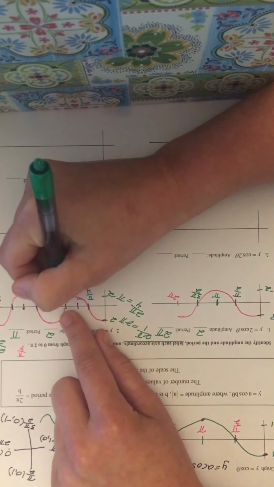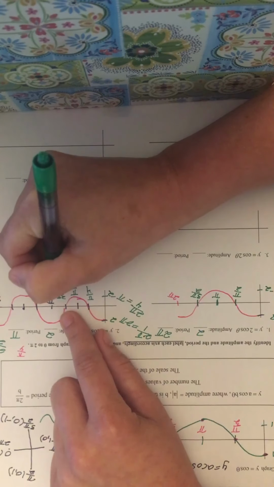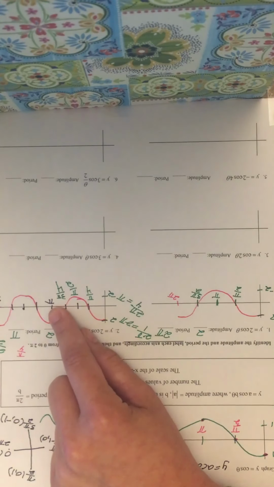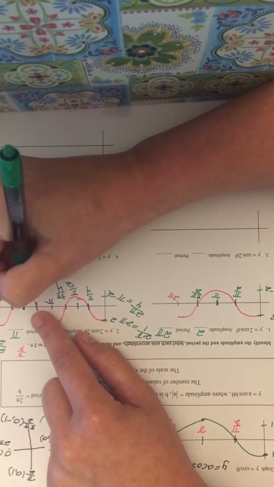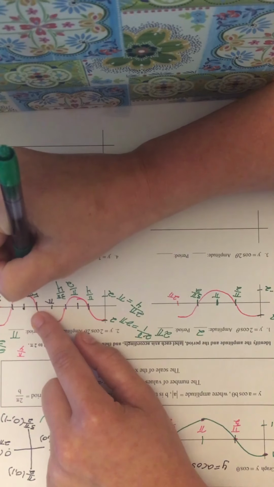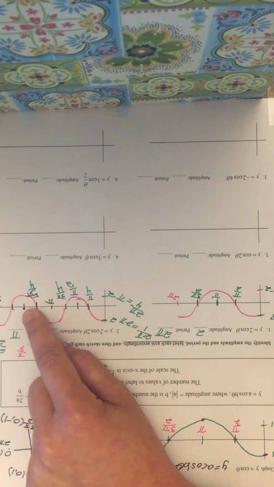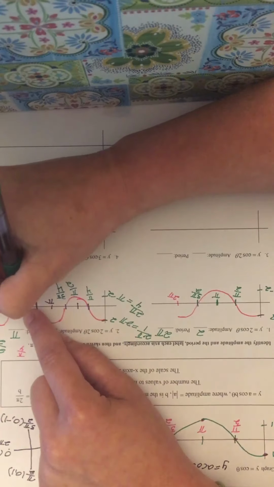This is 3 pi fourths. And then this would be 4 pi fourths, which is just pi. This is 5 pi fourths. This would be 6 pi over 4, which is 3 pi over 2.